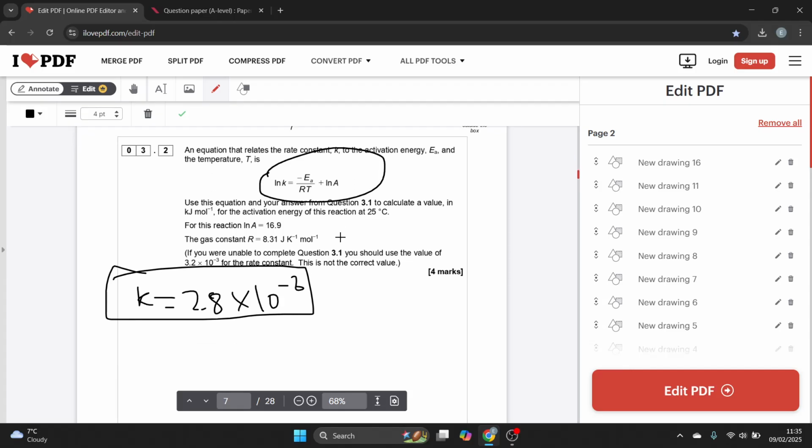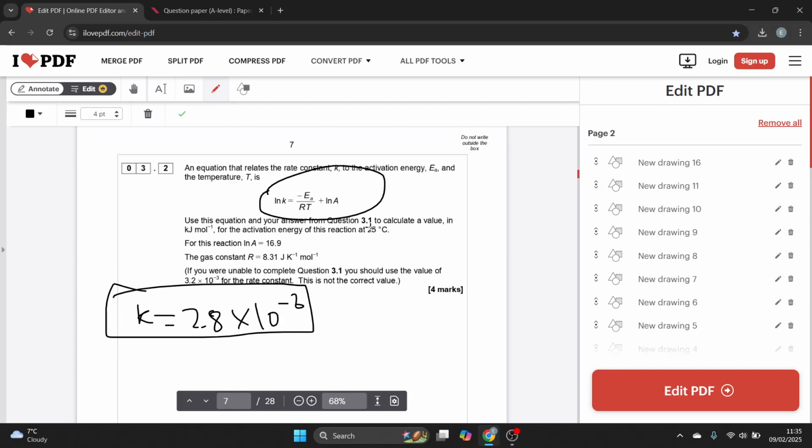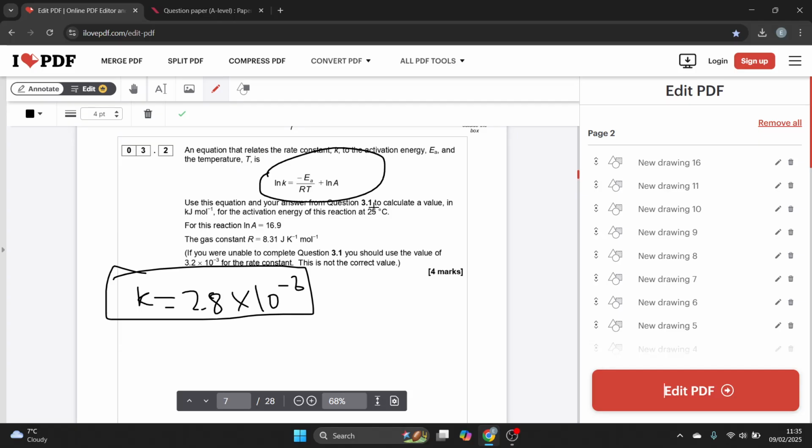Now I'm going to have to rearrange it. So I'm going to times by RT. Actually, yeah, times by RT.